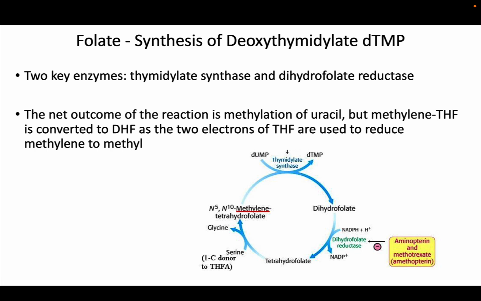So what we really ideally want is methylation of uracil, but if the methylene tetrahydrofolate is converted and turned into dihydrofolate, in order to get back there to continue to methylate uracil, we need this dihydrofolate reductase enzyme to work properly.